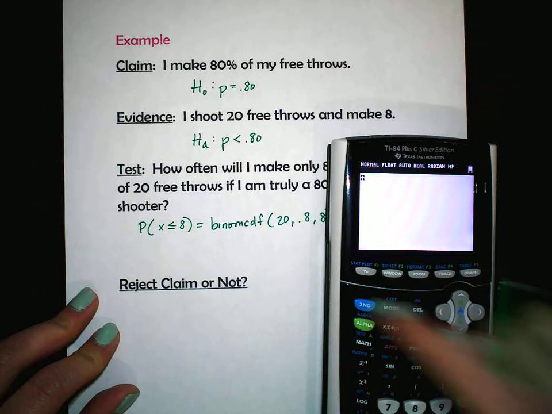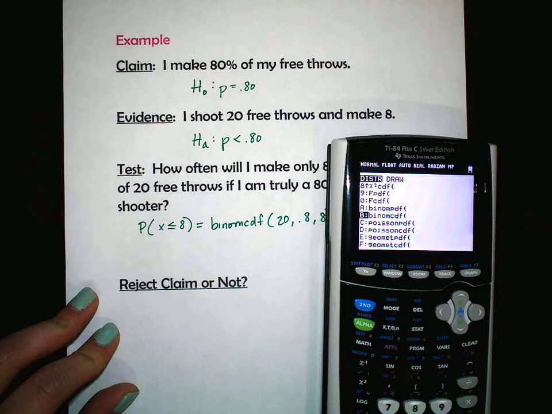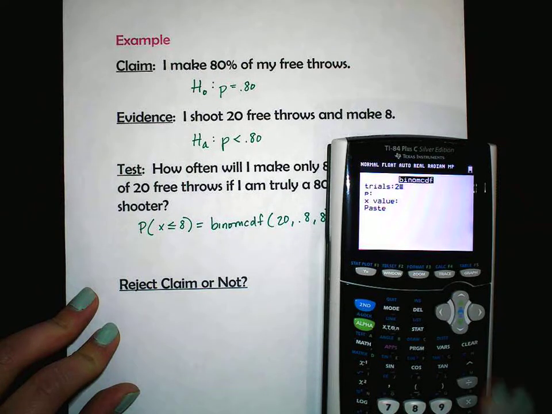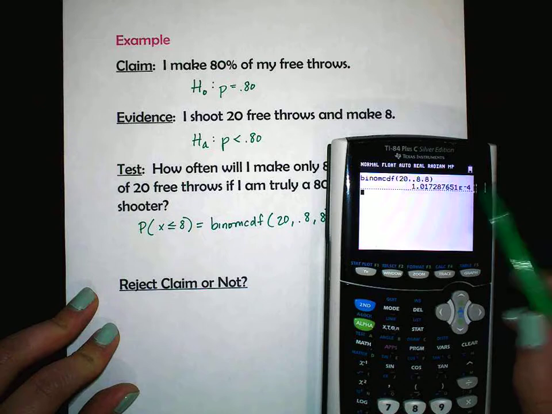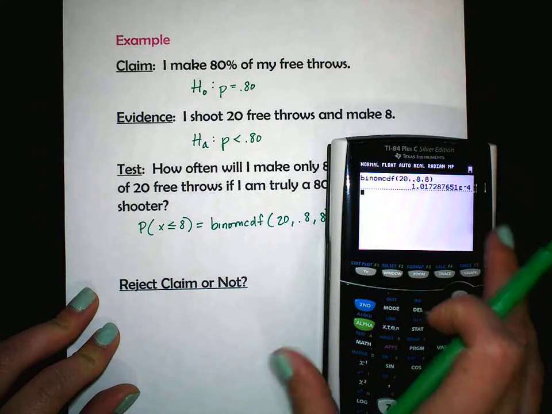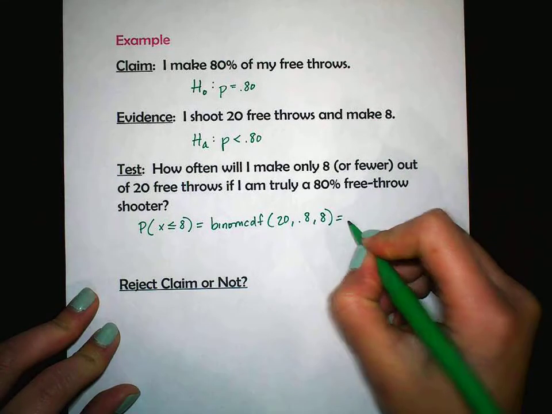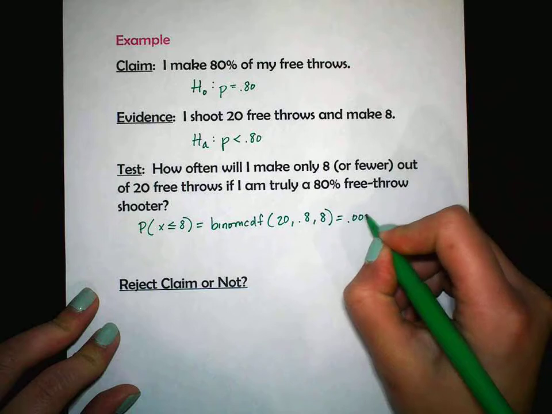Alright, second VARS, option B, we have 20 trials, 0.8, and then 8. Alright, so we get 1.01 times 10 raised to the -4th power. So I'm going to move that decimal over for us.